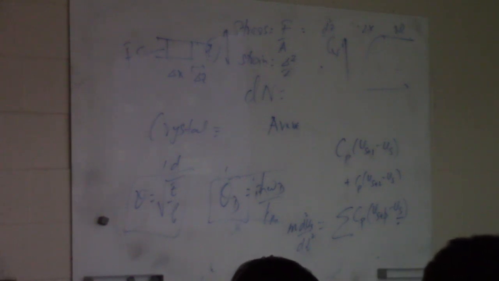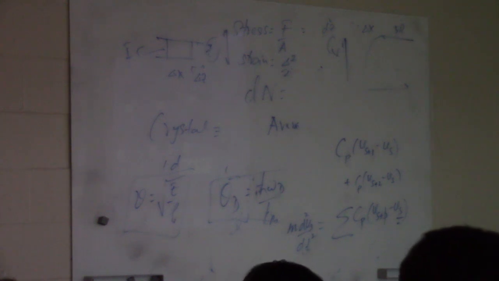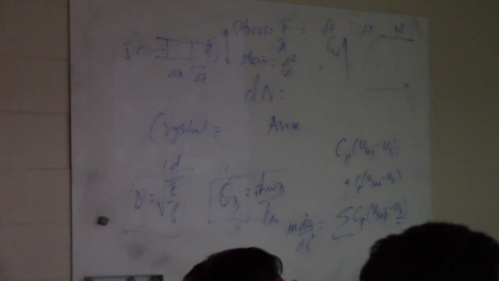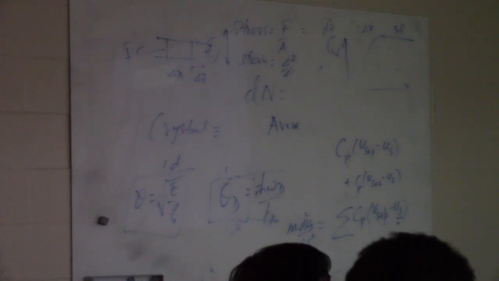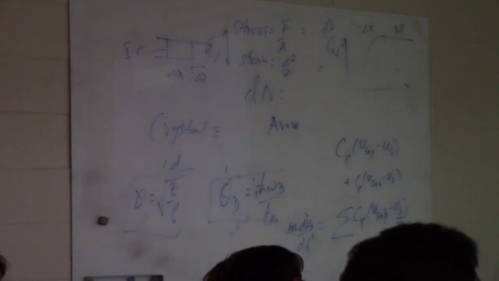Actually this is not difficult to do. So how do you solve this one? If I write my solution, you can see how it is going to oscillate around your equilibrium position. So this is how you write the equation, m d squared u_s over dt squared equals the sum of C_p times (u_{s+p} minus u_s). How do you solve this one?